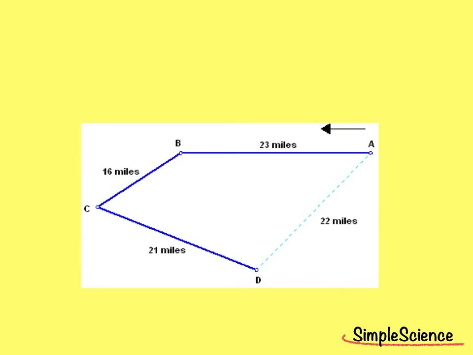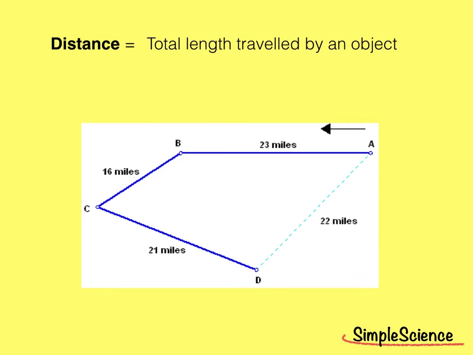In this diagram, it represents the motion of a particle moving from A to D. In this motion, the particle moves from A to B to C, then to D, following the path shown by the dark blue line. And its distance, remember, is the total length traveled by the object.